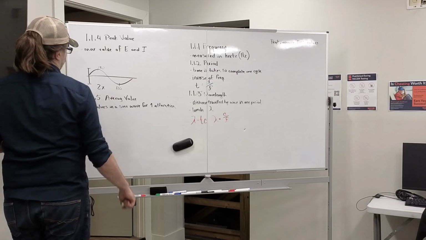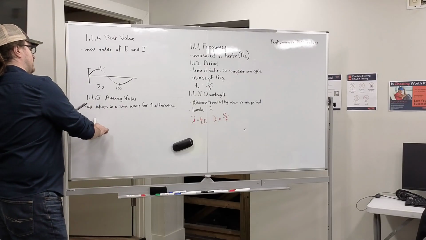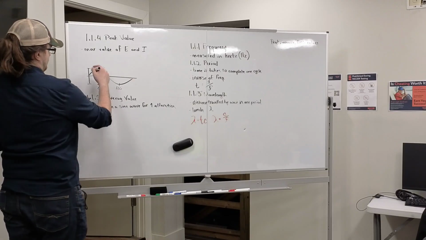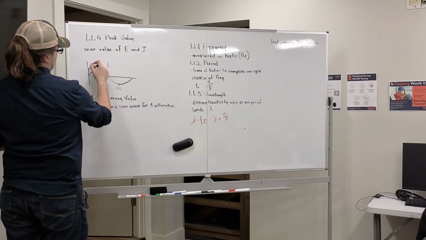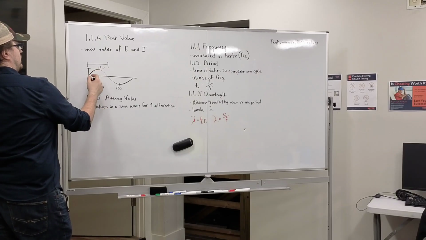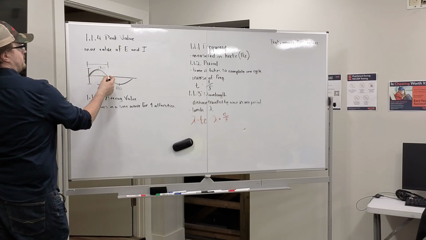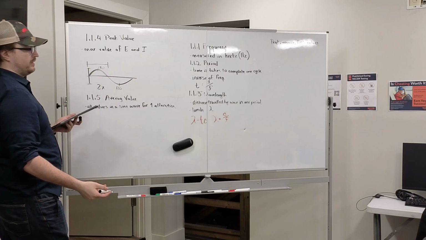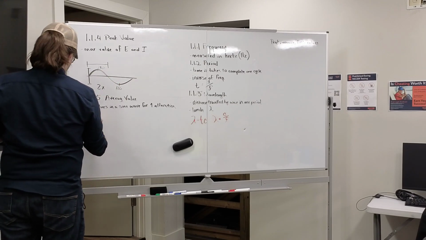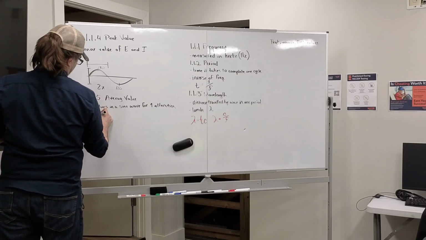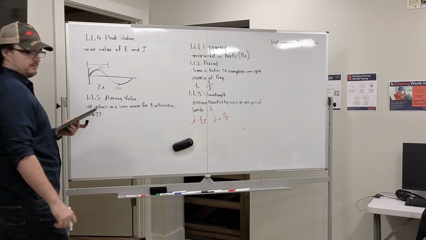The average value is the average of all values in a sine wave for one alternation. So this is one alternation. The average value is all of these added up and then divided by the amount you added up. And that number is 0.637.